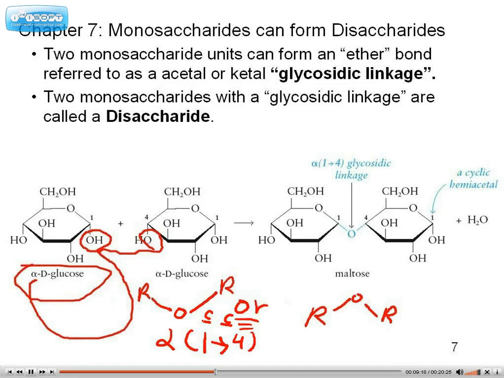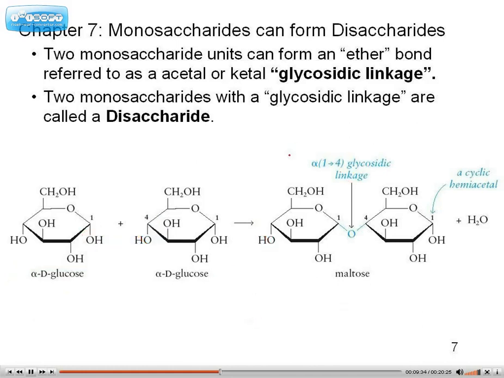So what I did was I wrote C right above here, and it's carbon 1, the anomeric carbon, to carbon 4. And this is carbon 4 on the second carbon. So we indicate it just as it's written here: alpha 1, and then you put an arrow there, 1,4.